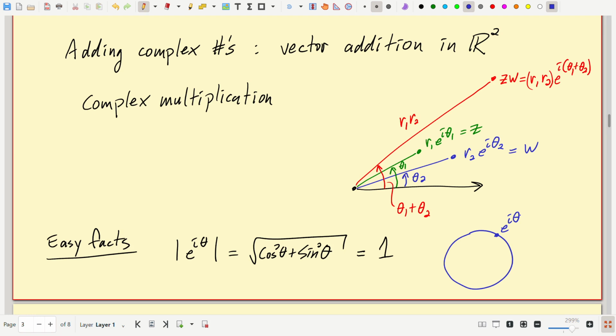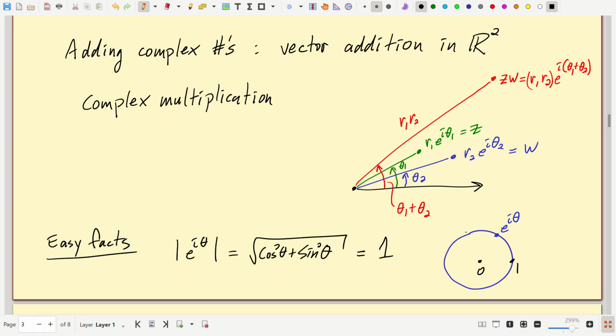As theta goes around, you trace out the unit circle. And so that's a great way to parameterize the unit circle using just a simple notation: z of theta is e to the i theta.